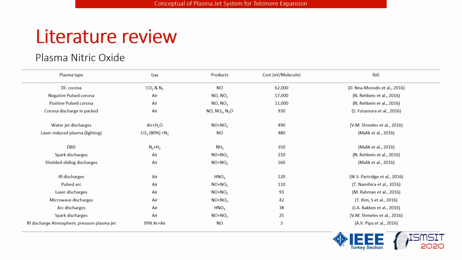If we look at this table, we can see that the RF discharge atmospheric pressure plasma jet is the lowest cost and can produce pure nitric oxide with a mix of 99% argon gas and 1% air.